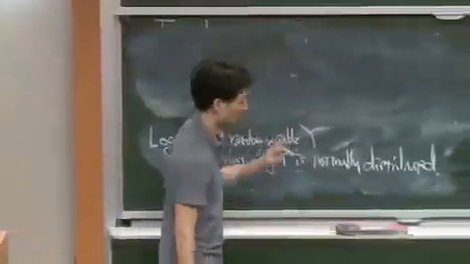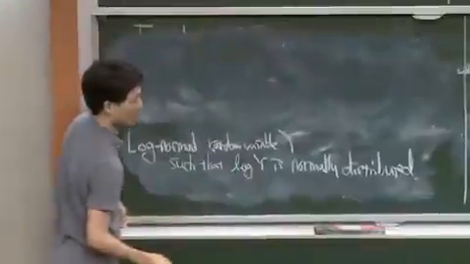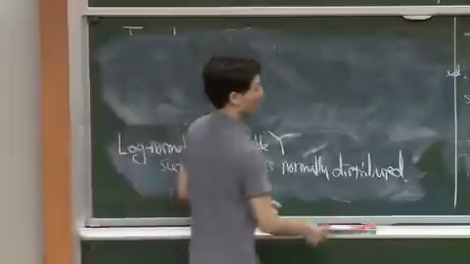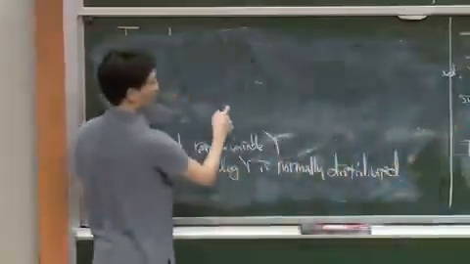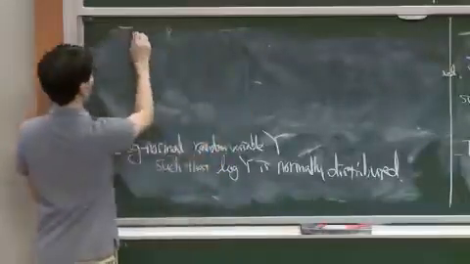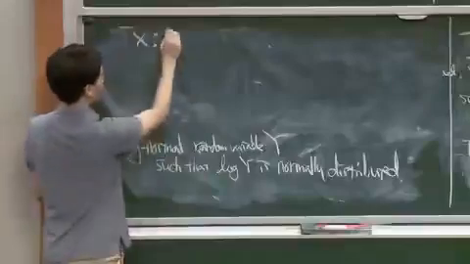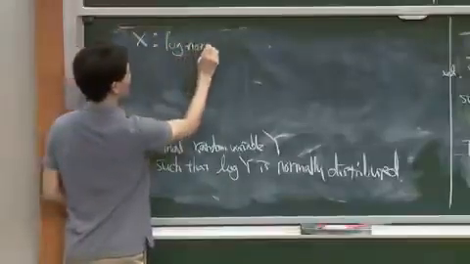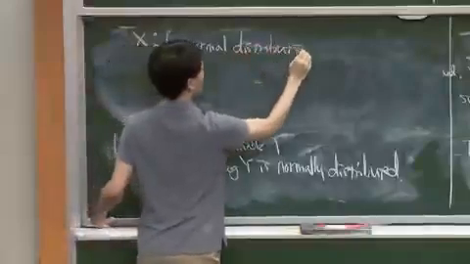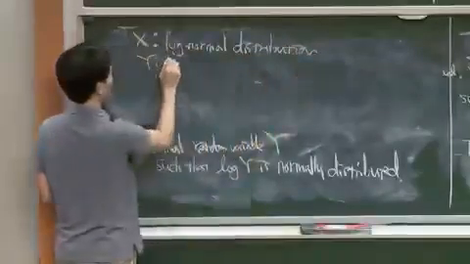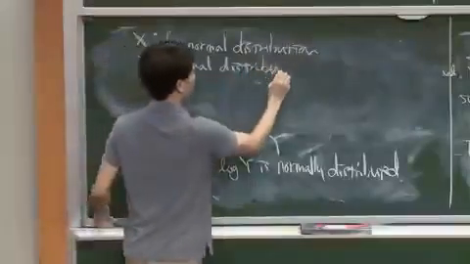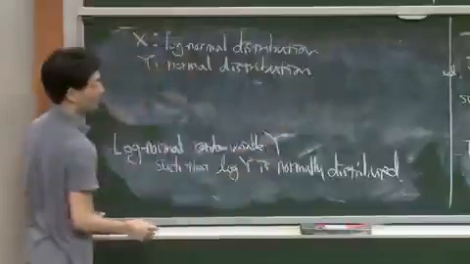Let me make sure what I'm trying to do. I want x to be the log normal distribution, and I want y to be a normal random variable.